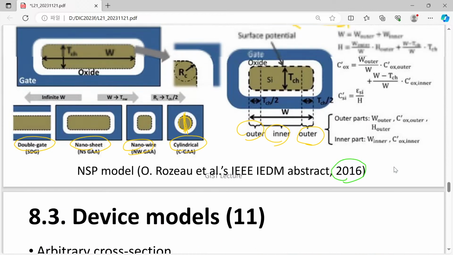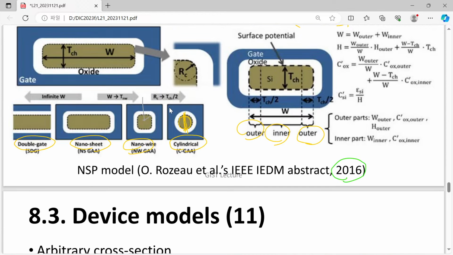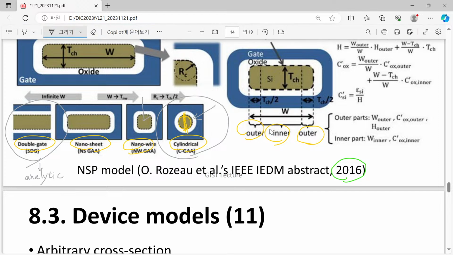I mean not like this, but this one. So the author of this idea just took one extreme and another extreme. Since they are geometrically easy to solve, in these two cases we can get one analytic expression and another analytic expression.